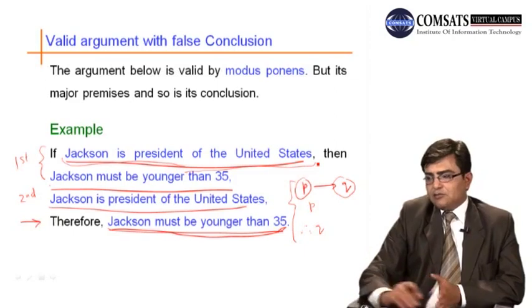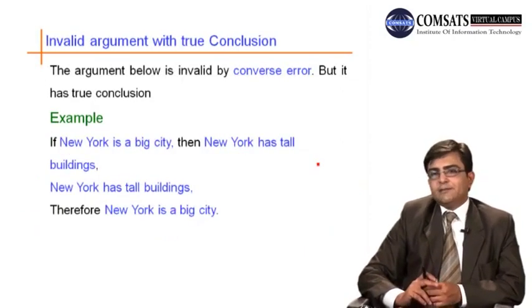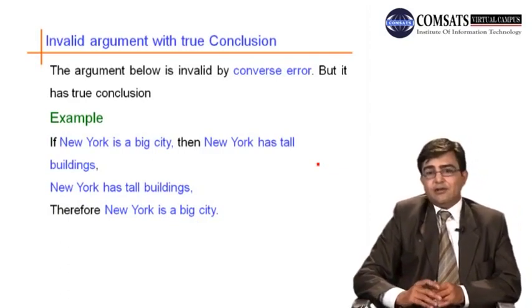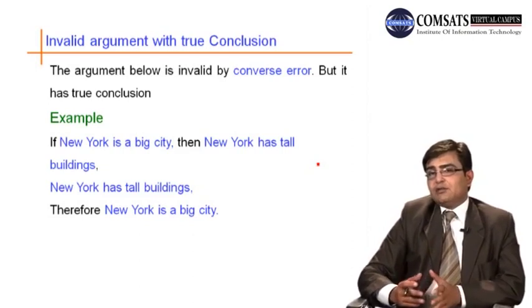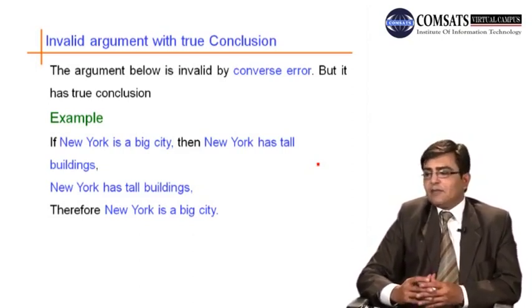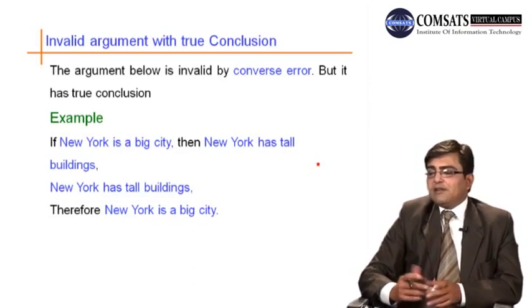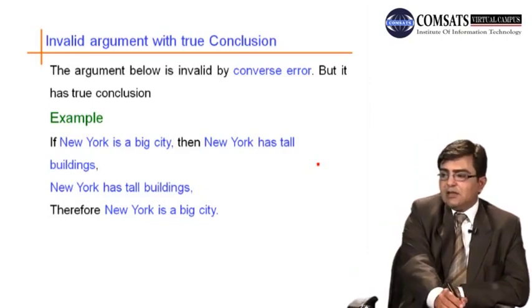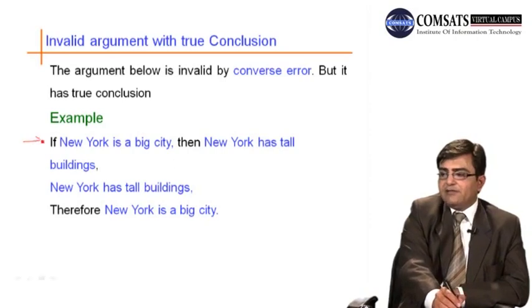So next we have another situation where the argument form is invalid and we draw the true conclusion in real world. For example, if we consider this argument which has two premises and this conclusion.